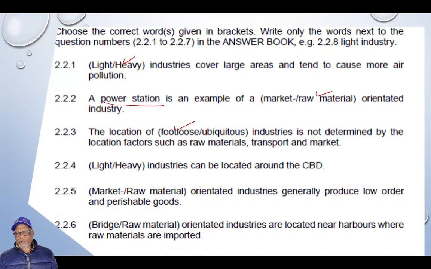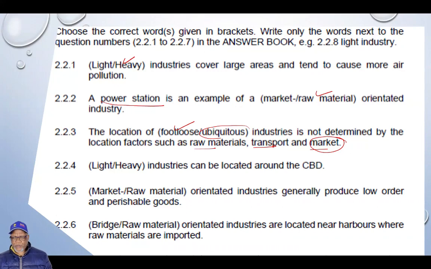So this one says the location of these industries is not determined by location factors such as raw material, transport, or market. So market is there. Ubiquitous cannot be separated from the immediate market, which means market influences the location there.